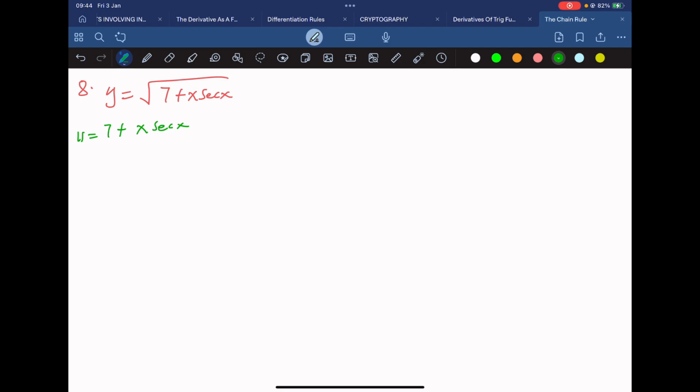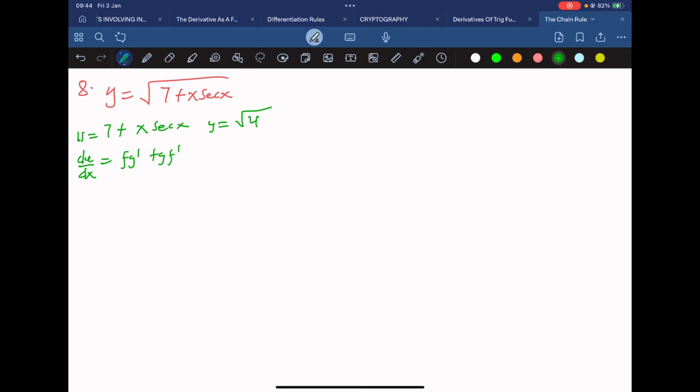So if we rewrite y, we have the square root of u. Now, to differentiate this, we have to differentiate this and that. Remember, if we differentiate 7, it goes to 0. So what we have left is x sec x. These are two separate functions, so you can use the product rule.